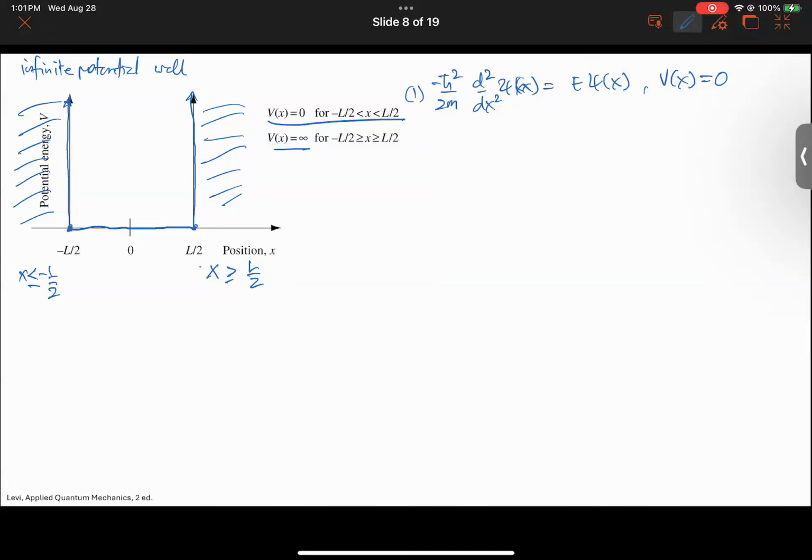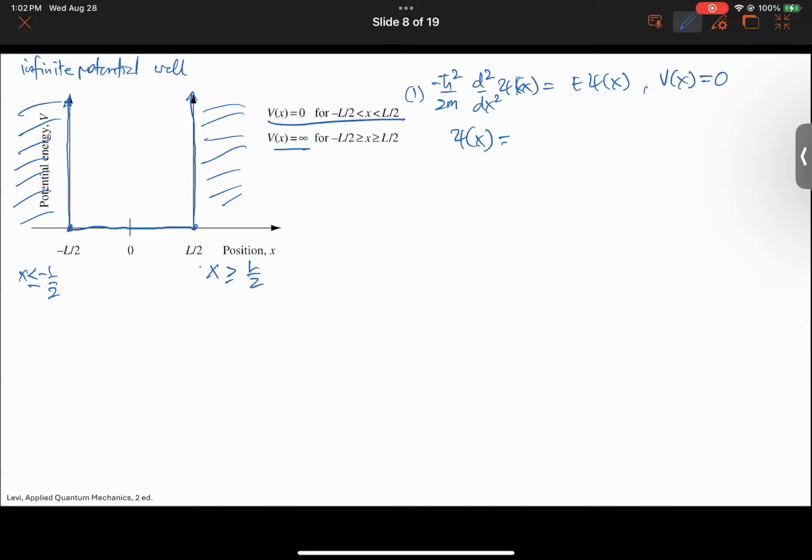So the solution of that differential equation, well, you know from 1 to 1, you can have a solution which is exponential, and then you can have a solution which is also sinusoidal. Okay, for now we use an exponential solution, but we will see later that we can use a sinusoidal solution.